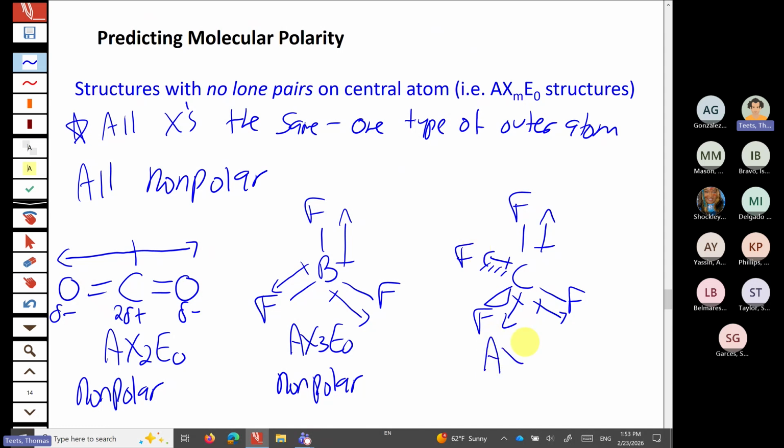And with the arrangement of AX4 being tetrahedral, they all cancel each other out. All right, so you don't have to necessarily be able to rationalize that very clearly, and it is hard to do for anything more complicated than linear. But again, whenever you have an AX2E0, AX3, AX4, AX5, AX6, if there's no lone pairs in the center atom and all the X's are the same on the outside, the molecule will be nonpolar.